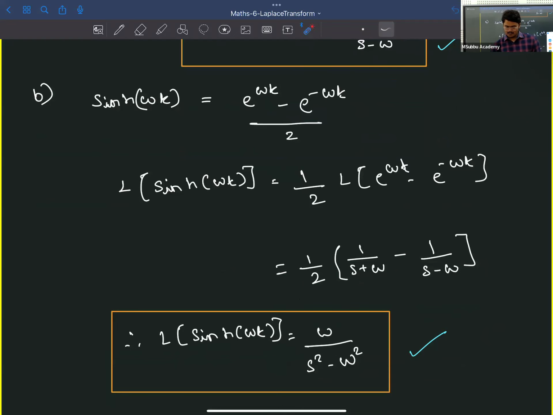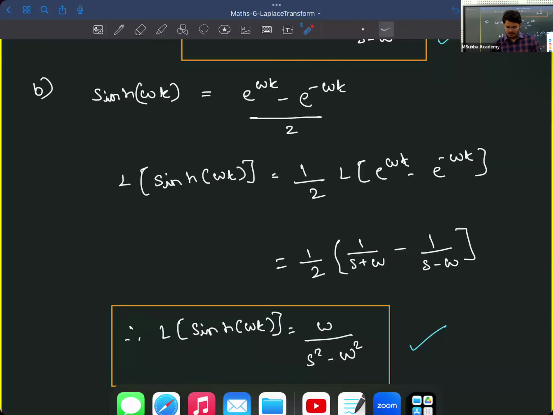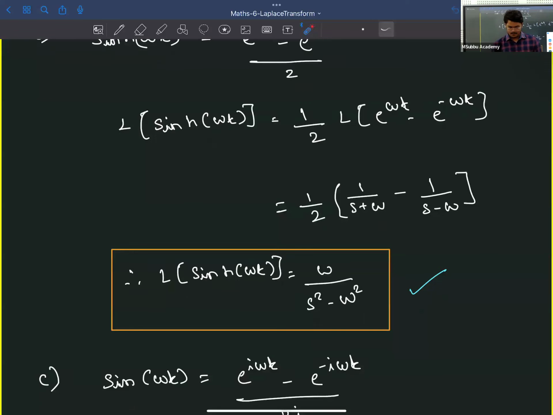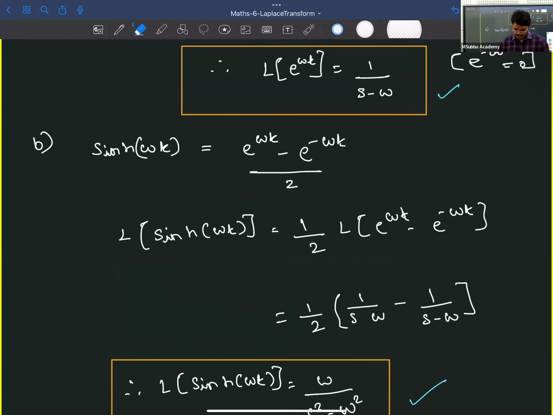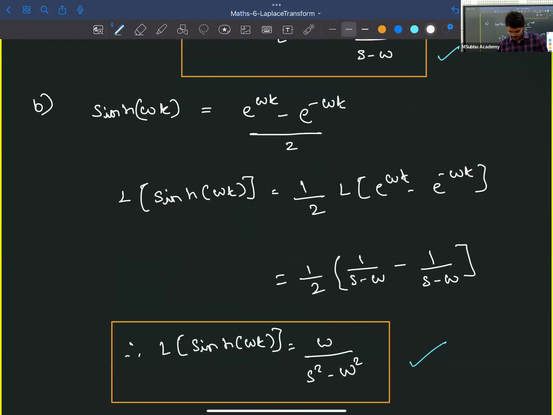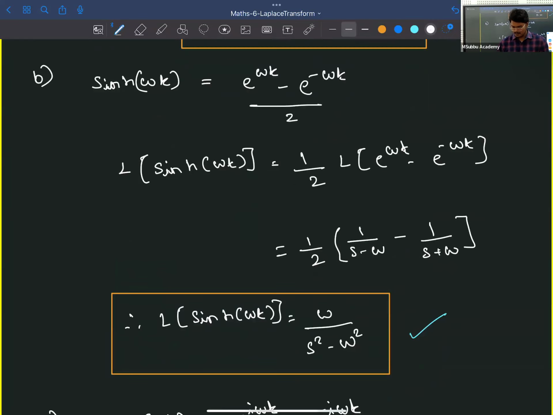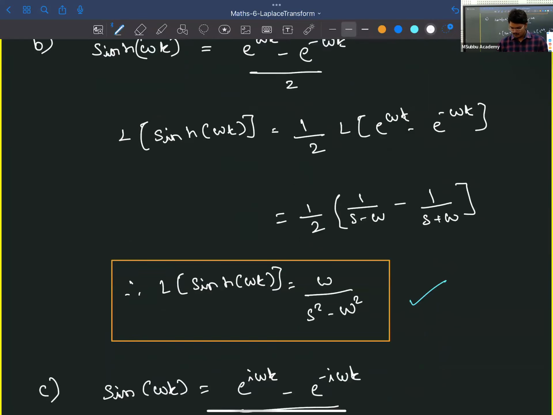So when you solve, cross multiply. The e power omega t term will be here with minus, and here with plus. Now it is correct. So solve for this.